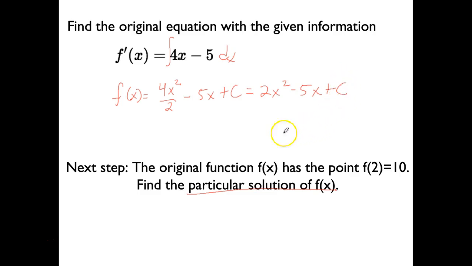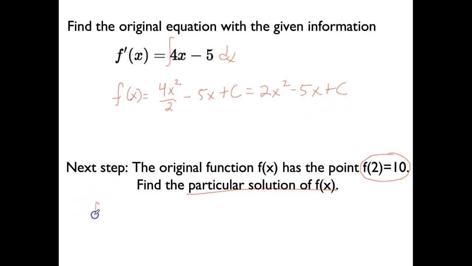Now in order to do that, they're going to have to give you a point on the function, which in this case they said the original function f of x has a point f of 2 equals 10. Find the particular solution. Well, since they give me a point, I can use that point to figure out what c would be, the unique solution to this problem.